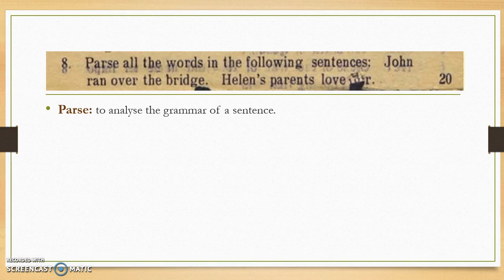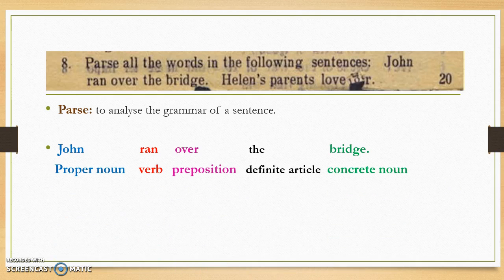So, question number 8, parse all the words in the following sentences. Some people interpret the instruction parse as to diagram, but bearing in mind that that skill has just been assessed in the previous question, I would interpret parse as analysing the grammar of the sentence. So the first of those sentences, John ran over the bridge. I've colour-coded them if you want to pause and have a look at that.